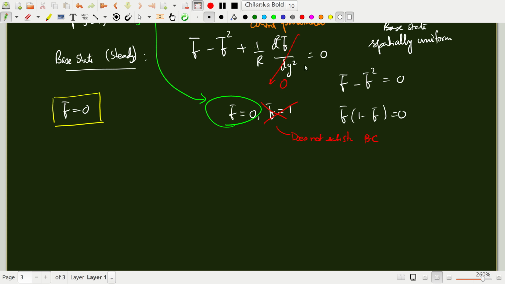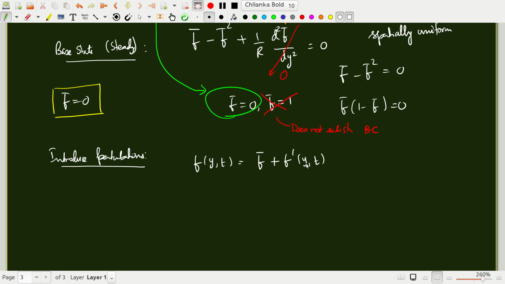Now let's look at introducing perturbations. You have f of y, t given by f bar plus f prime of y, t. These are the perturbations. Now we're going to substitute this back in the differential equation.